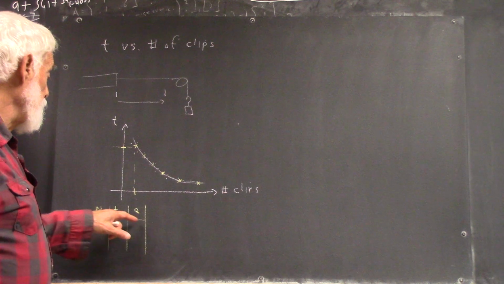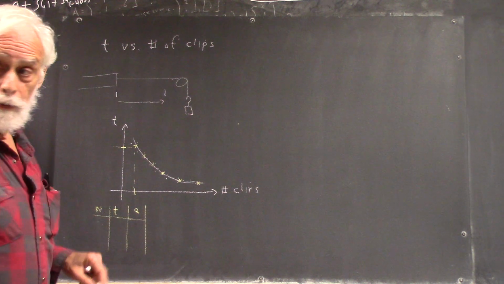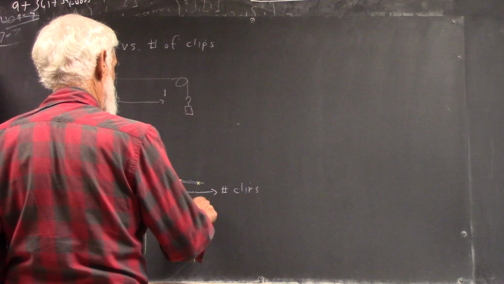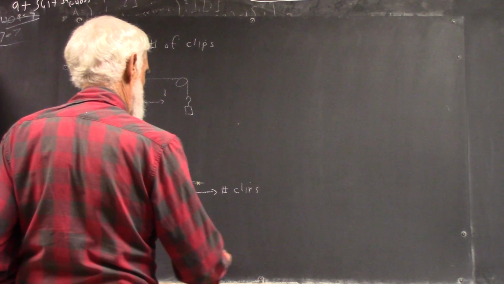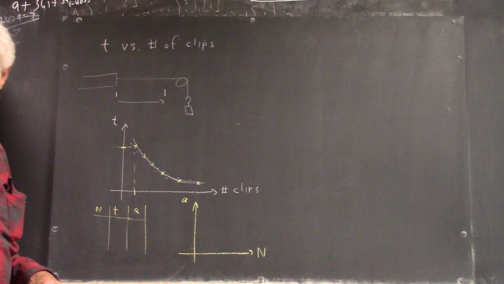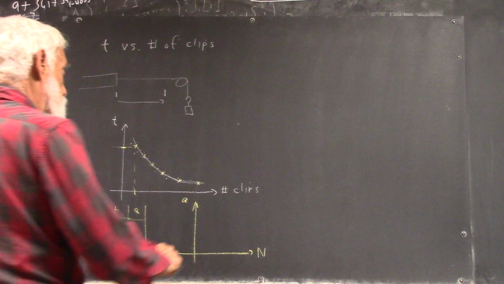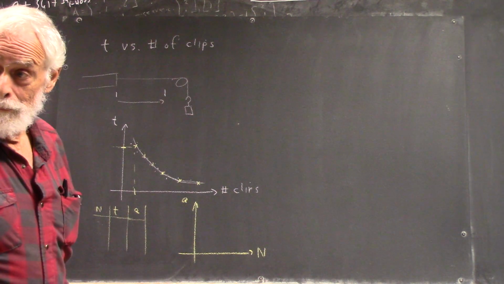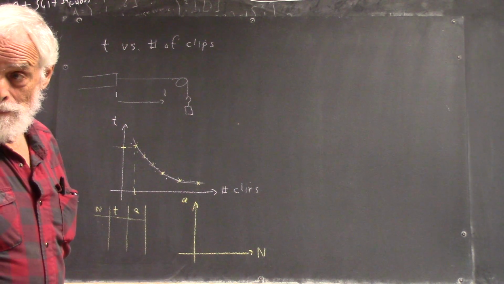Okay, so anyhow, you get the acceleration versus the number of clips, right? And then you're going to plot acceleration versus m. And you should get a straight line. Probably won't go through the origin, okay?